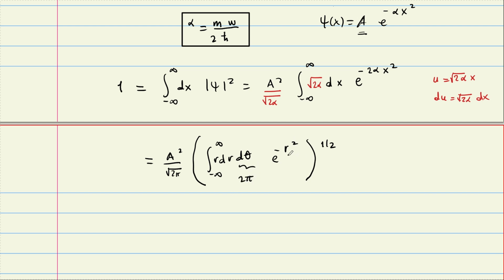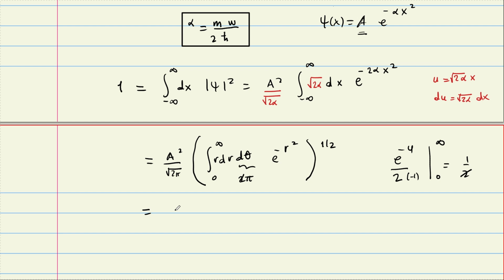This one is rotationally symmetric, so this is going to give you a 2 pi factor. And now if you do the substitution one more time, this is an e to the minus u type of integral divided by 2, because of this 2, and there is a minus 1, from 0 to infinity after the change of variables, and it's going to give you 1/2. And this 1/2 is going to cancel this.